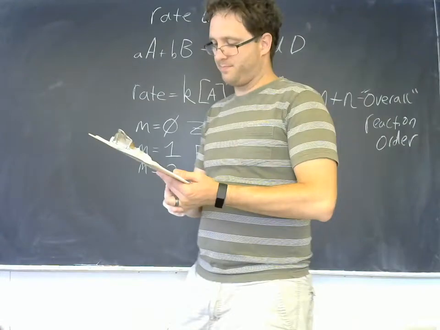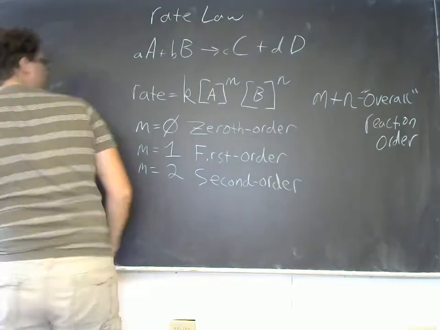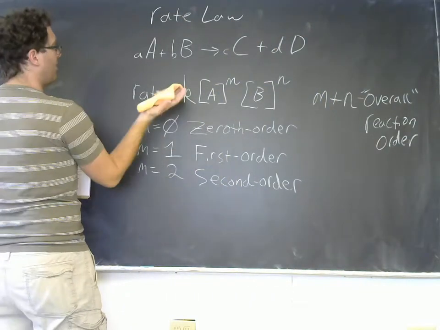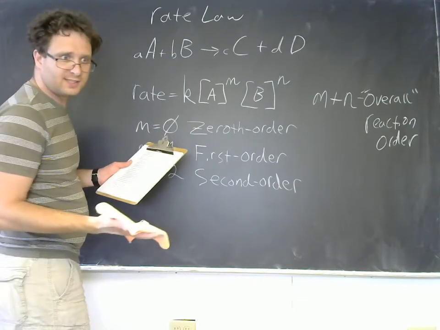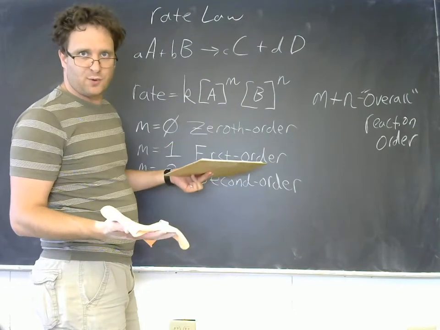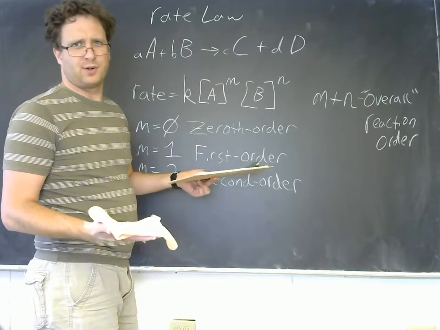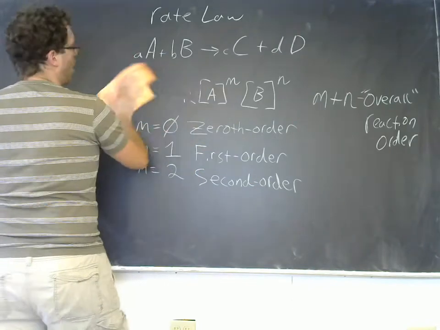Okay, so let's look at some examples. For now, I'll just give you rate laws and ask you what the reaction order is, or give you reaction orders and ask you to give me the rate law.